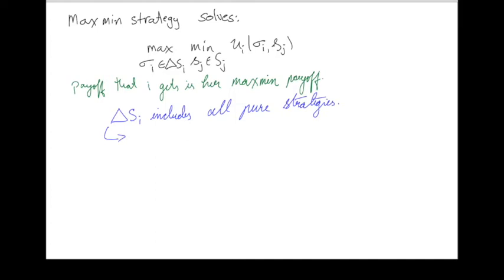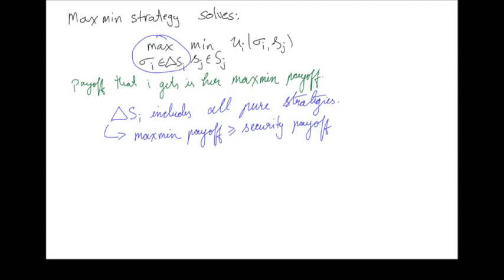That means max-min payoff has to be at least as high as your security payoff. Because here, instead of maximizing over just pure strategies, now you're maximizing over randomizations as well. So you have more options to choose from, which means that your payoff can't be any lower. If anything, it could be higher. So the max-min payoff has to be at least as high as the security payoff.